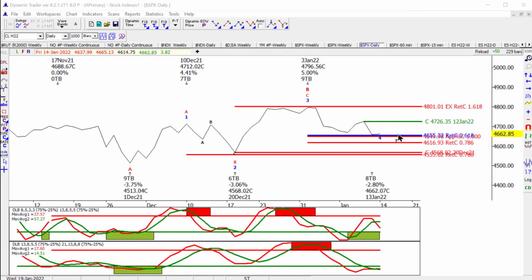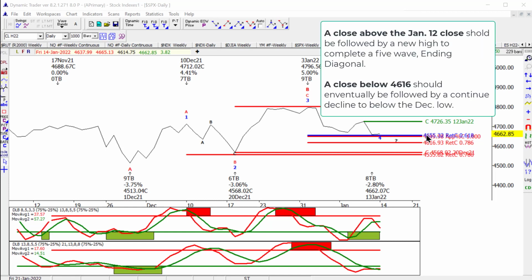So here are the parameters, and they're really clear cut and pretty close to the market. Should the SPX make a close above the January 12th close at 47.2635, more than likely it has completed a wave 4 and it's going to make a new high in a wave 5. That'll be an ending diagonal.